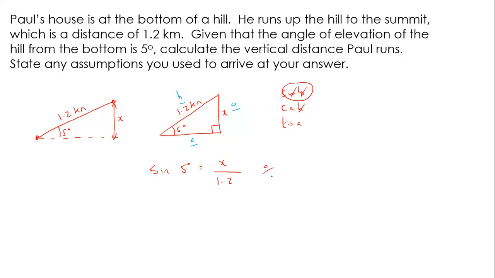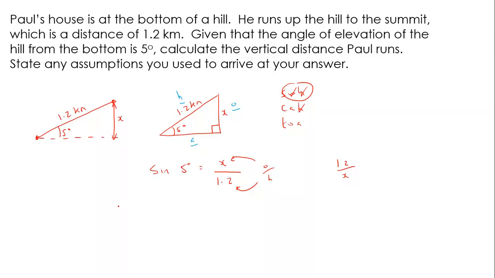See, O over h. Now, I hope some of you weren't thinking that automatically it was going to be division. All right, because if that was the case, then you're not thinking about what we've done in this lesson. Okay, don't be a robot. All right, I know in this lesson, the unknown's been on the bottom, but you've got to get into the habit. It could be on the bottom or on the top. Okay, now sine is O over h. That's why x had to be on top, because x is O, okay, and h is on the bottom.